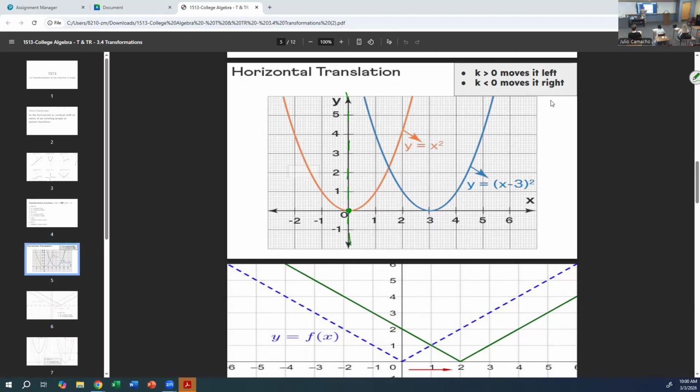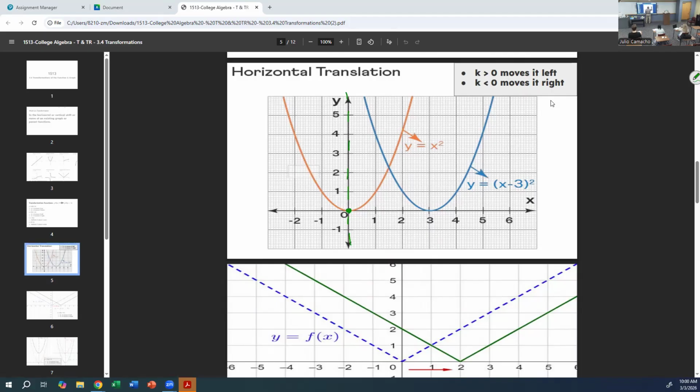But why is it important to know that? Because when you see the equation, it will tell you where the vertex went. In this case, you have the transformation y is equal to (x minus 3) squared.